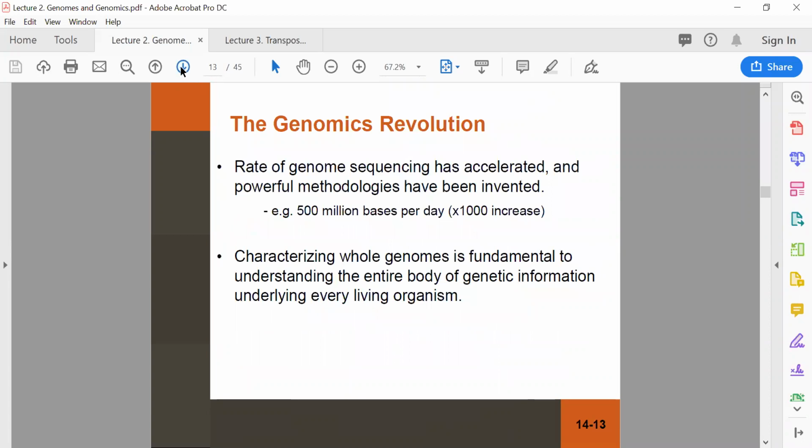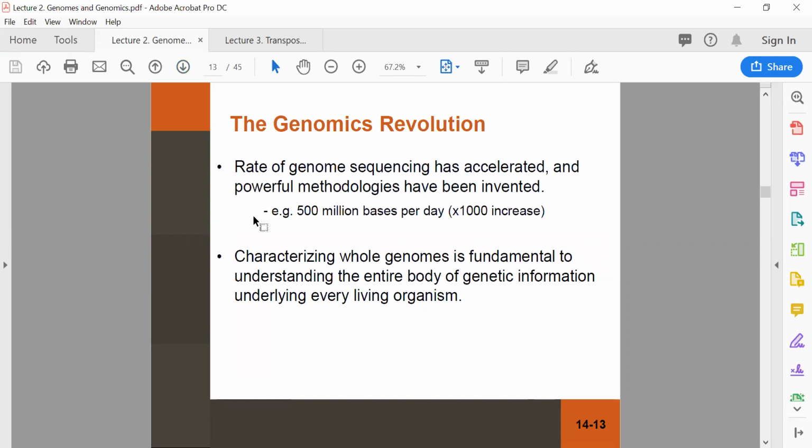And the rate of genome sequencing has continued to grow. It's really accelerated. And various methodologies have been invented. They're much faster, they're much cheaper, they have a much greater throughput. So for example, these days, over 500 million bases of DNA sequence per day can be obtained on a single instrument.